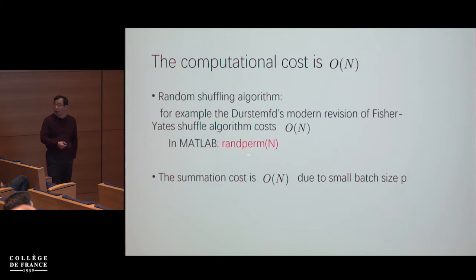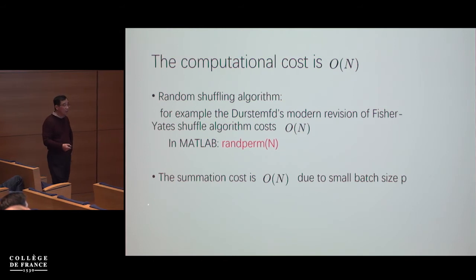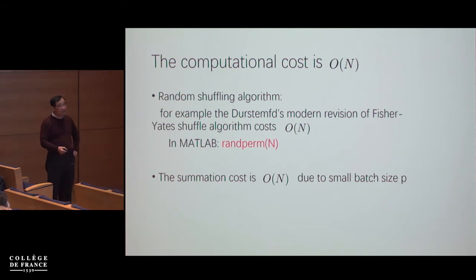For example, in MATLAB you just use the subroutine called random permutation. That's an order N algorithm. Therefore, the overall cost of this method is order N, as long as you choose each group to be very small, so p is very small.